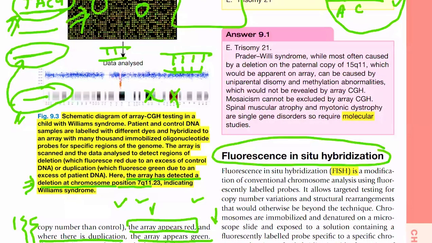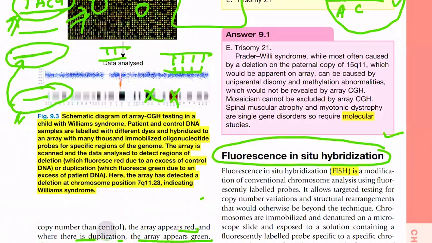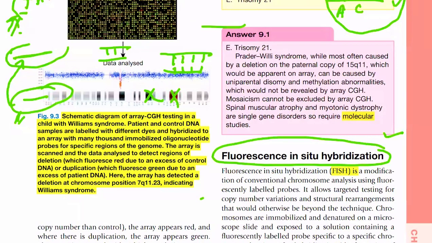Now you will concentrate on what is the difference between this FISH analysis and your array analysis. Okay, what is FISH? Now basically we see the basic pathology between both these two is the same. Here I am going to hybridize, right?